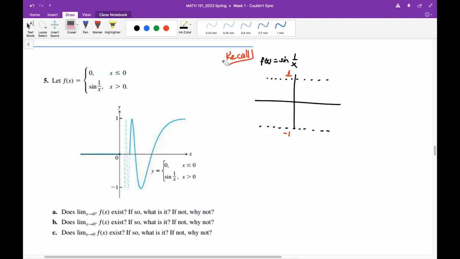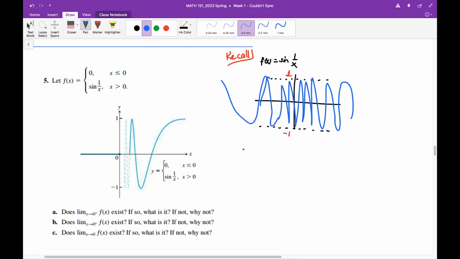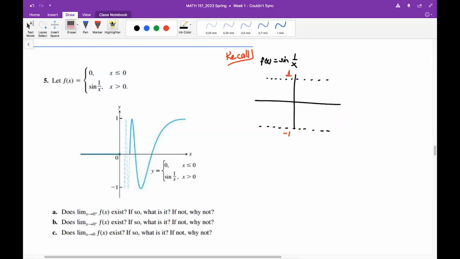There are infinitely many oscillations at the origin. I cannot draw it nicely, but you understand what I mean. Then it goes back to normal behavior.